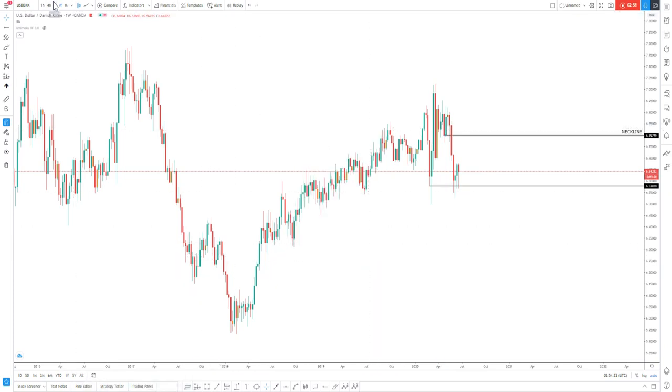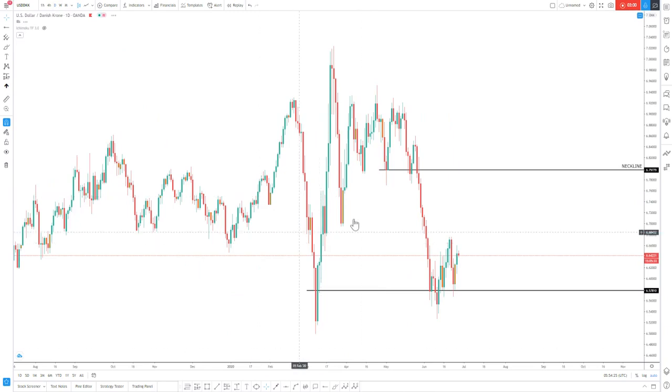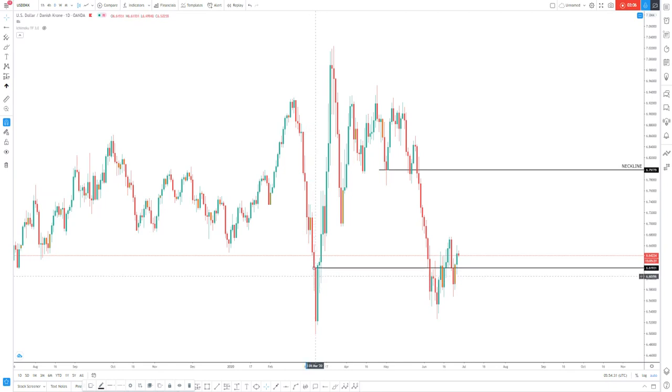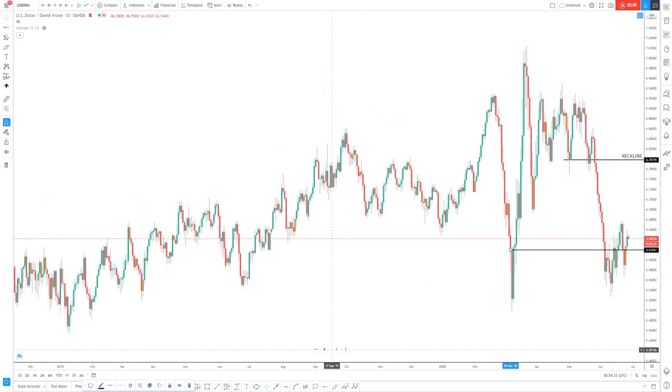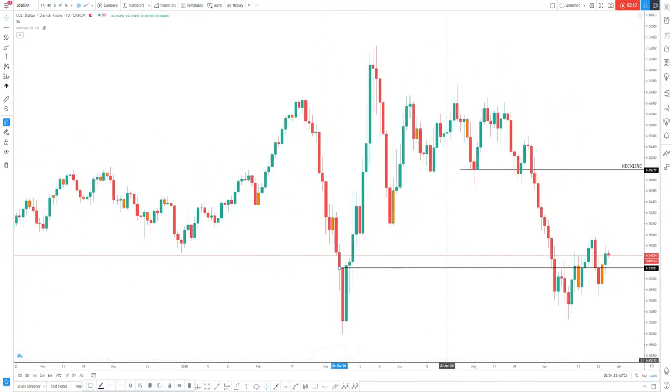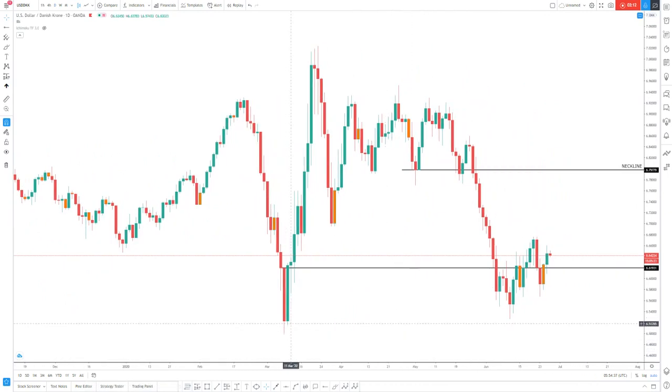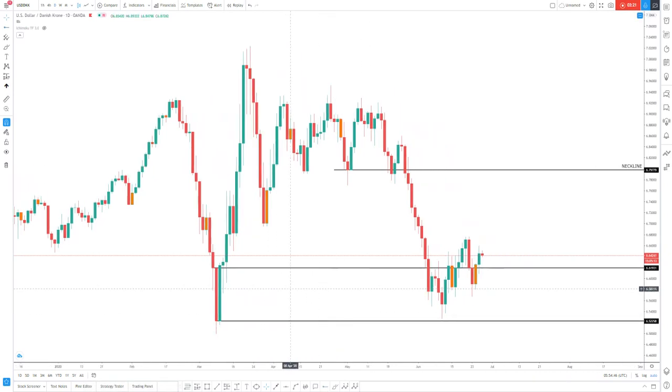Then I'll go to the daily chart to get more sentiment. There is a zone around here down to this level, so I can pick this out and mark it as a zone.